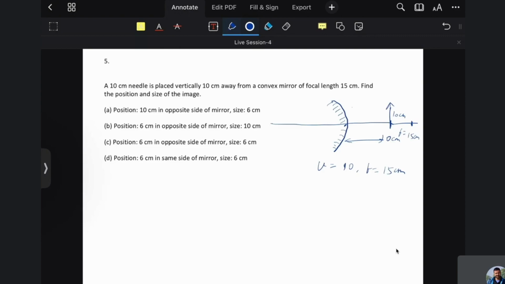Again we have the mirror formula, 1 by V plus 1 by U equals 1 by F, and we know U and F, so we can calculate V. So 1 by V is 1 by 15 minus 1 by 10.